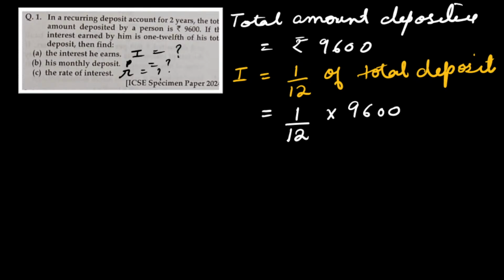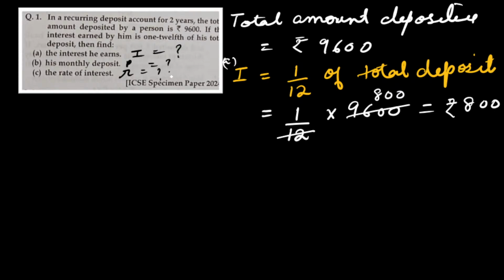Let's do cancellation here. 12 into 8 is 96, so 800. So interest earned by him is 800. Yes, I is equal to 800. Navishri and Nikita have also shared the answer, I is equal to 800. So the first part, part A of the question, is done.